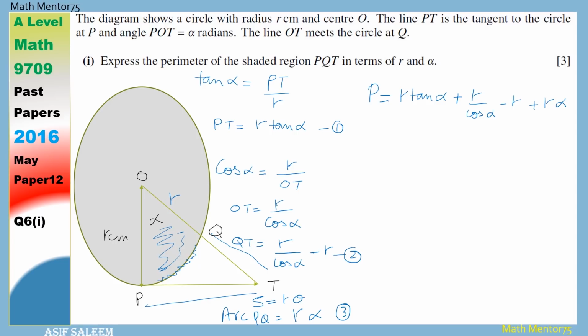We can rearrange it, we can take R common, or we can leave it as it is. It is acceptable in all ways. If you want to take R common to make it a little neater, you can do so. R times tan alpha plus 1 over cos alpha minus 1 plus alpha. This is also acceptable. Both are acceptable in fact. This is the required perimeter of the shaded region.